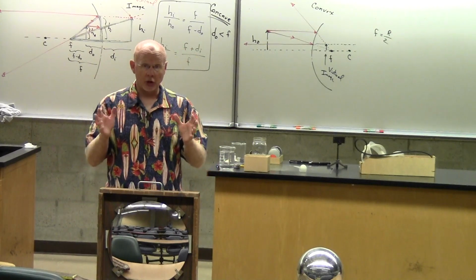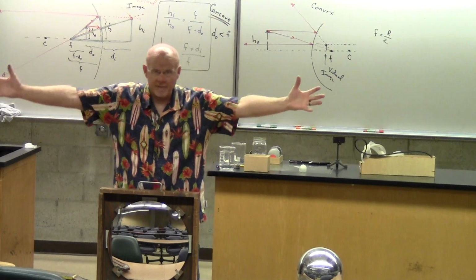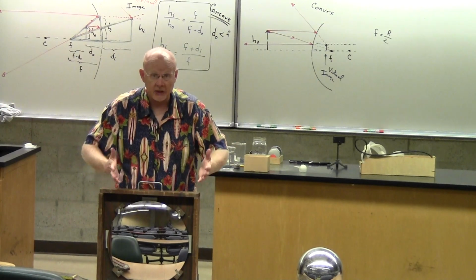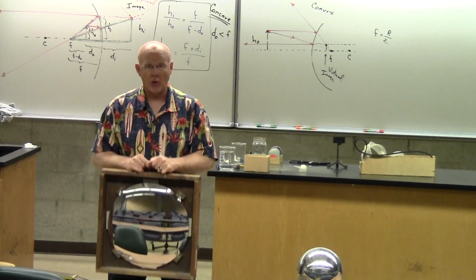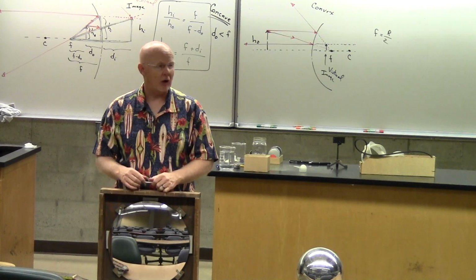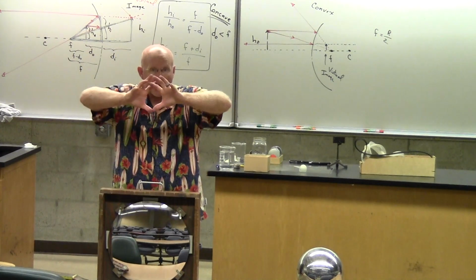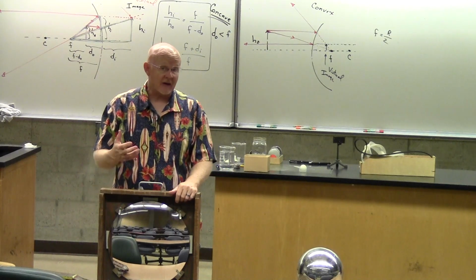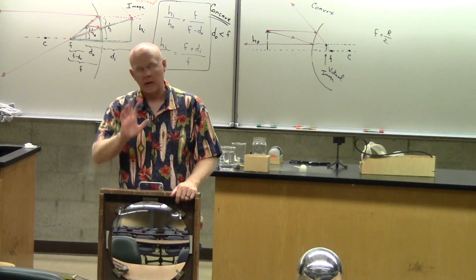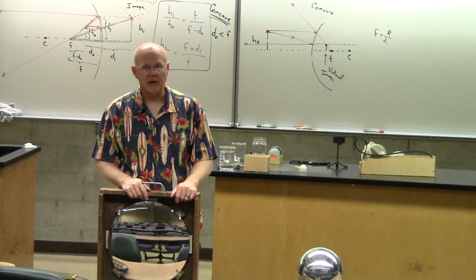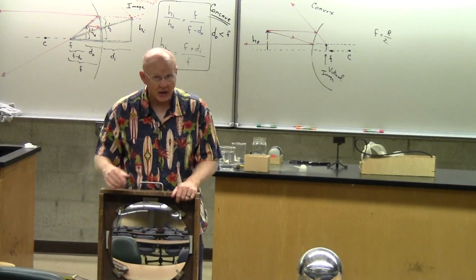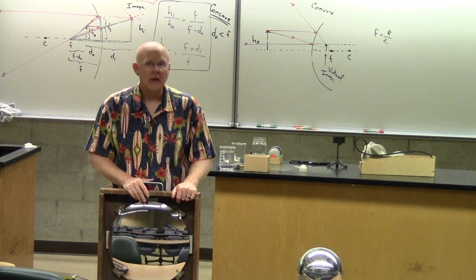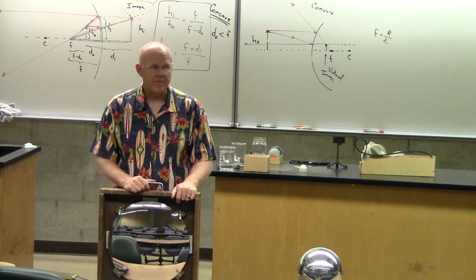And so its really good advantage is it takes the light from a wide angle and then brings it back. Its big advantage is what we call the fisheye view, a wide angle of view. Now the fact that it makes things smaller isn't so good, because then it's hard to see details, but nonetheless it works really well for that.